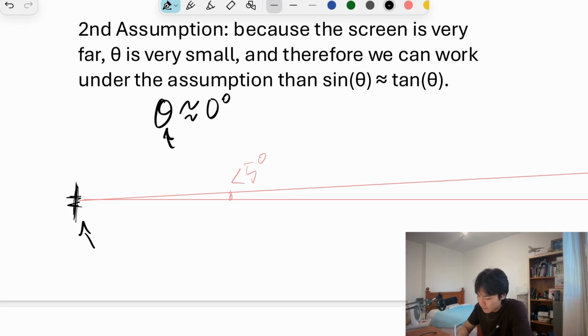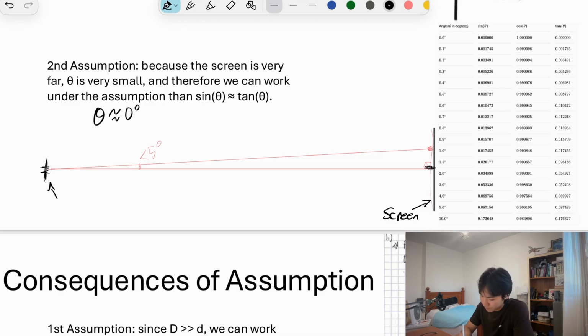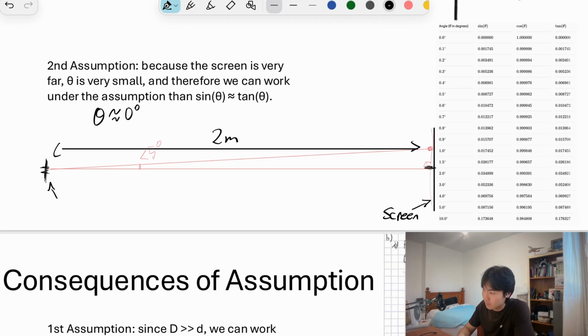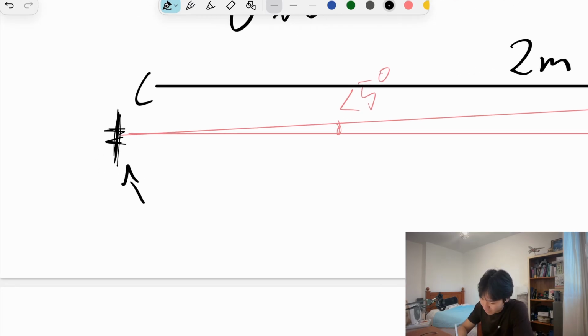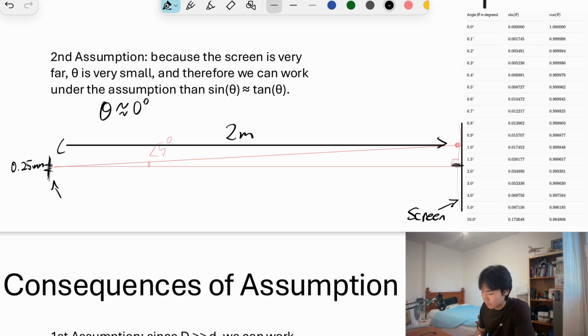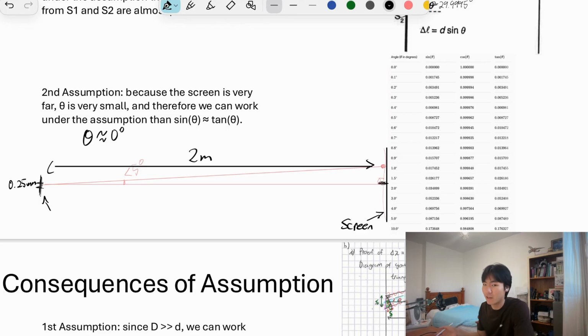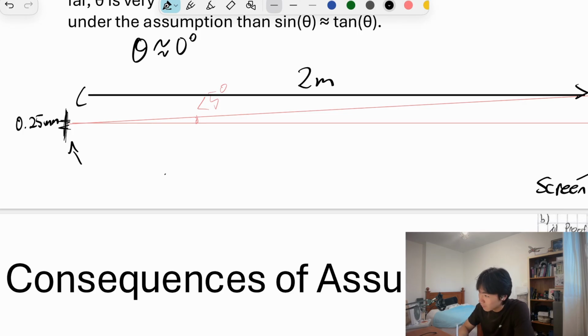Under standard laboratory conditions, for instance, if the distance between the screen and the slits is 2 meters, and the slit separation, I did some research, is around 0.25 millimeters, we can't derive it yet because we haven't found the full formula, but with some simple calculations, which you should be able to do later, theta is approximately 0.145 degrees.